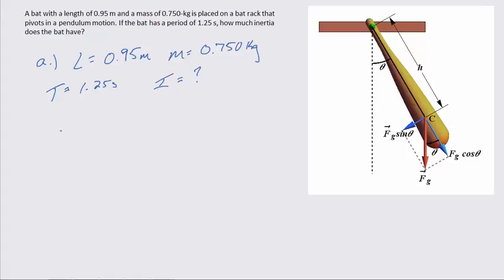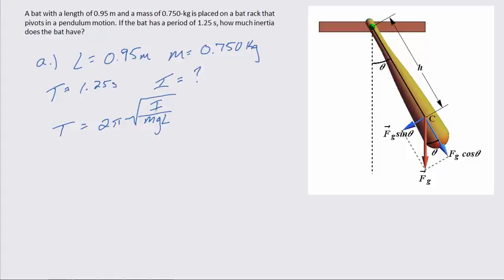Well, we know that our equation for a physical pendulum's period is our period is equal to 2 pi multiplied by the square root of our inertia divided by our mass multiplied by gravity times our length of our bat.